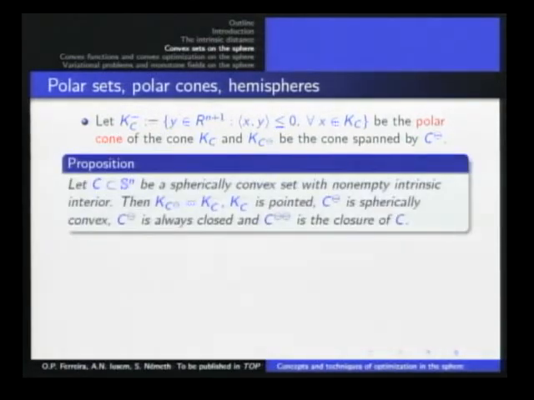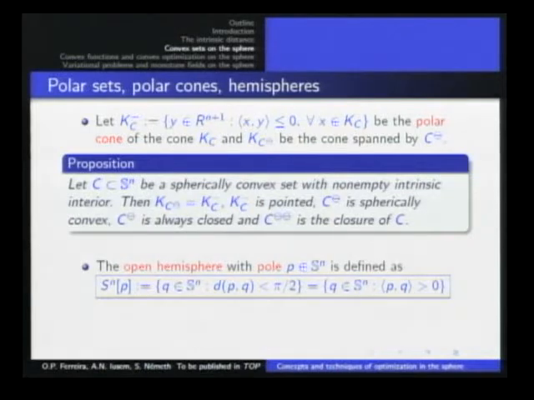The proposition says that if I have a set which is spherically convex with non-empty intrinsic interior, then the cone spanned by the polar set is the polar cone of the cone spanned by the set, which is pointed. Additionally, the polar set is spherically convex. The polar set is always closed, and the polar of the polar is the closure of the original set. So everything works as one would expect.